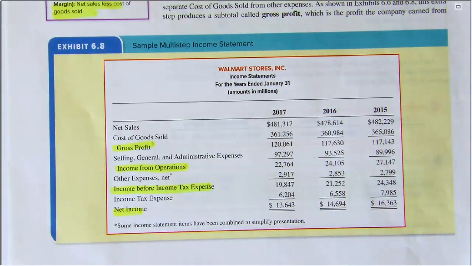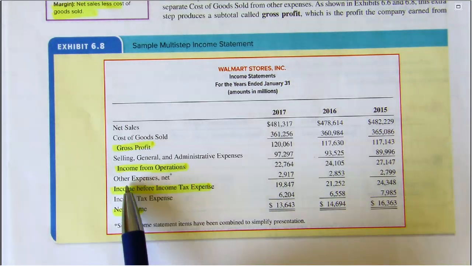Well, renting out a warehouse is not part of Walmart's normal day-to-day operations. But that doesn't mean they can't rent some extra space to another local business and make some rental income. So that would be considered in this other category. It might be other revenue in that case.